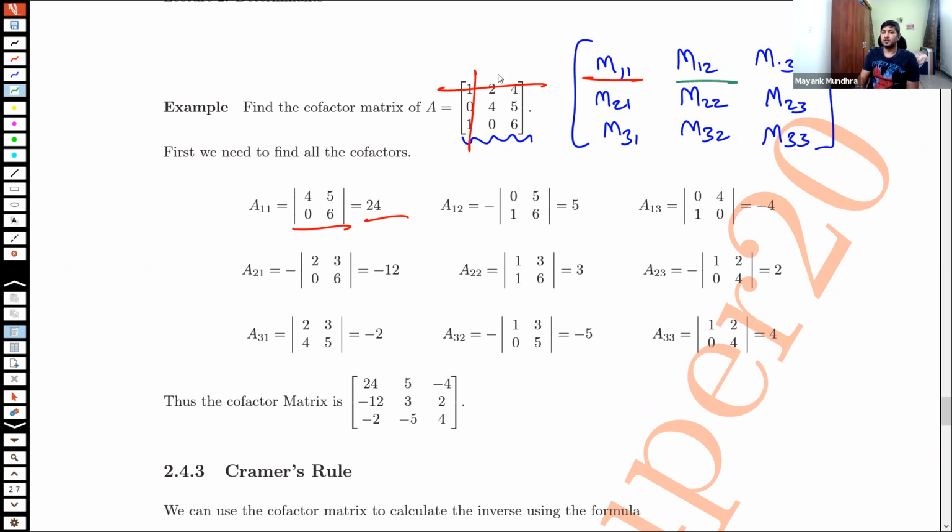Okay. M12, you eliminate row 1, column 2, you get this matrix, but you add a negative sign in front of it because i plus j here is 3, which is odd. So here's the catch with finding cofactor matrices. If i plus j is odd, you add a negative. This rule does not apply to finding the minors, but here it would apply. So I'll put a minus here, minus here, minus here, and minus. Wherever i plus j is odd, I'll put a negative sign.